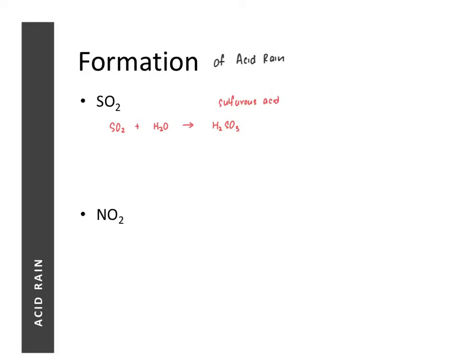And what happens to sulfurous acid is that it's going to react with more oxygen in the air to form sulfuric acid. So sulfur dioxide in the air reacts with water and oxygen in the atmosphere to form sulfuric acid, which is a strong acid, which therefore leads to acid rain.